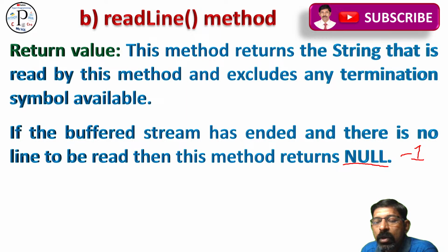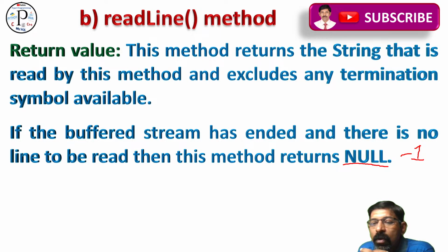Read one character at a time. Good. Pragjyoti, read. If the buffer stream has ended, it shows -1. Not shows. It returns -1. Pragjyoti, not shows. Returns. Good. Like this, if you answer, your theory will automatically grow. Accept single character, accept multiple characters. Excellent. Rajesh, beauty.